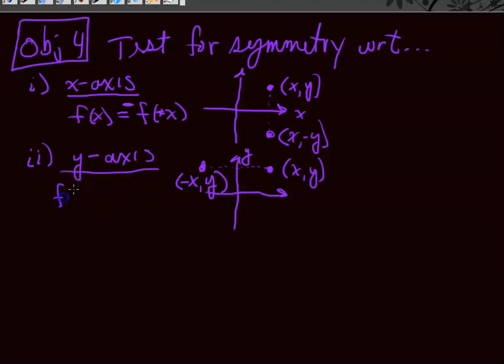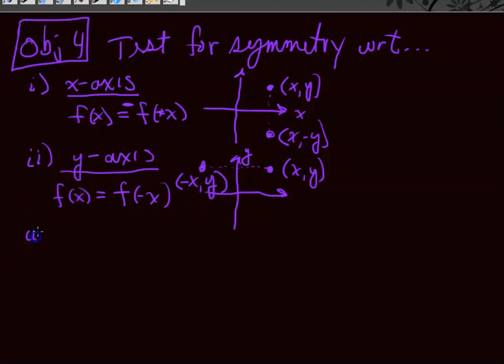So f of x, you get the same thing when you take f of a negative x. F of x is y. F of a negative x is still y.